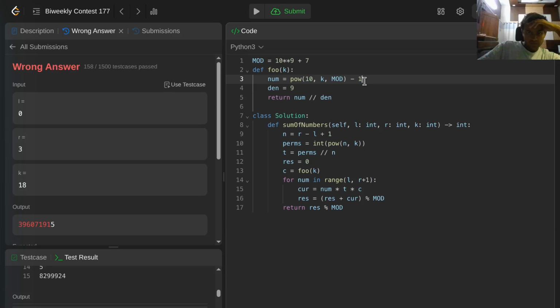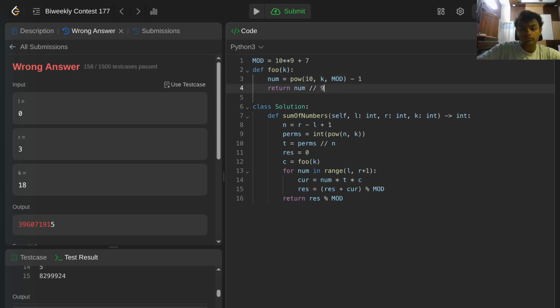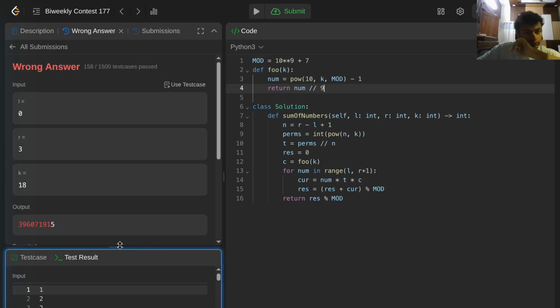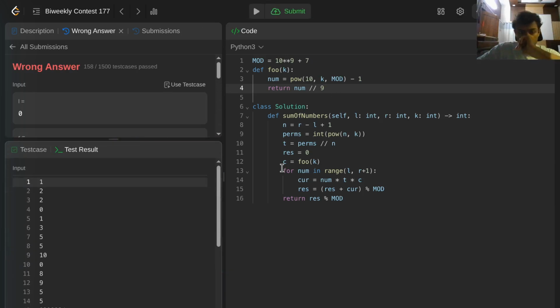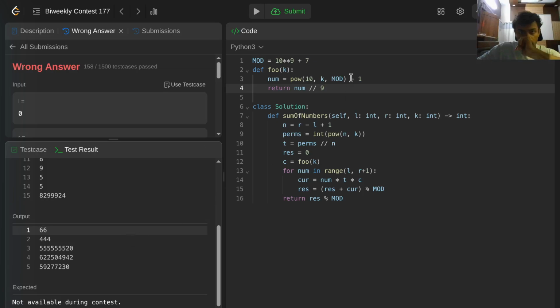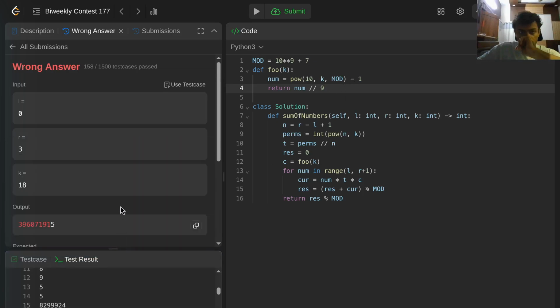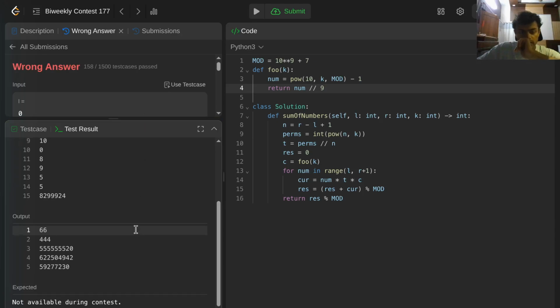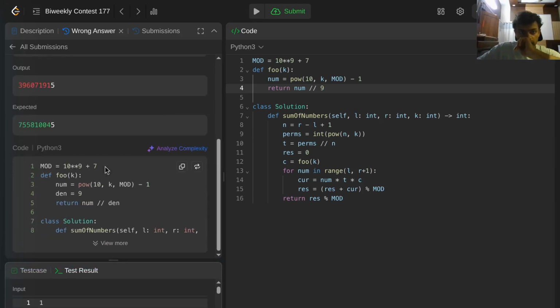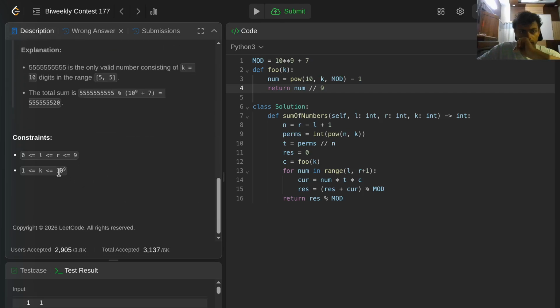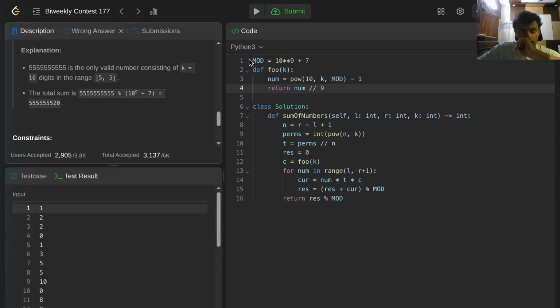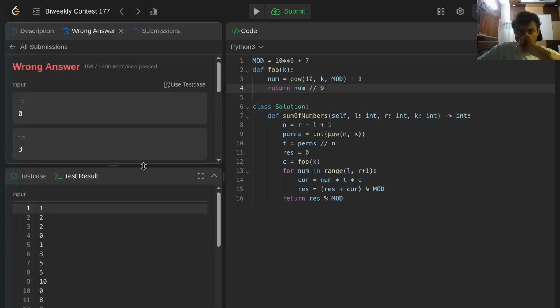How do I solve this? Okay, can get 10 power 9. Hmm.